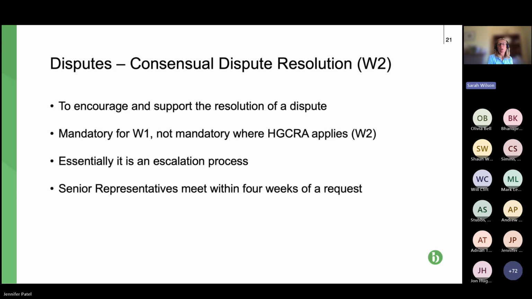Okay, so dispute resolution. I think these are to note only. This one applies to W2, which is the dispute resolution form that you will mainly be using, the form where the Housing Grants Act applies. So that's projects in England and Wales.